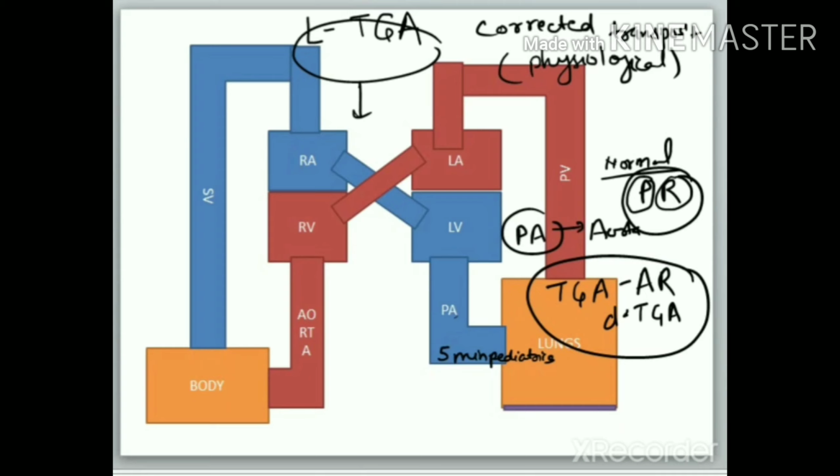So in DTGA the aorta is anterior and to the right. Similarly, in LTGA the aorta is left and anterior to the pulmonary artery.